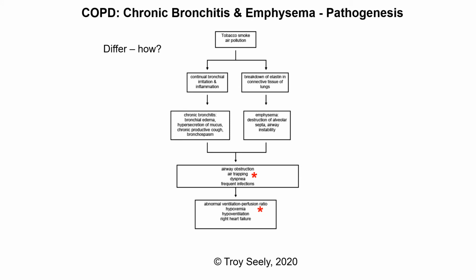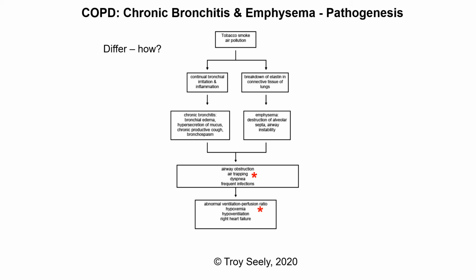So we're going to break down COPD pathogenesis, and we're going to do it by looking at both chronic bronchitis and emphysema. So starting at the top here, someone who smokes cigarettes, or let's say they're in a realm where there's a fair amount of air pollution.